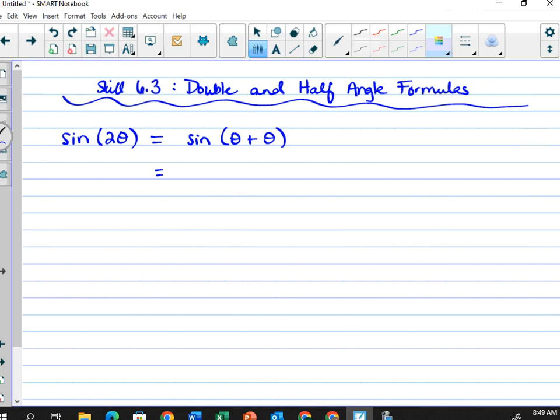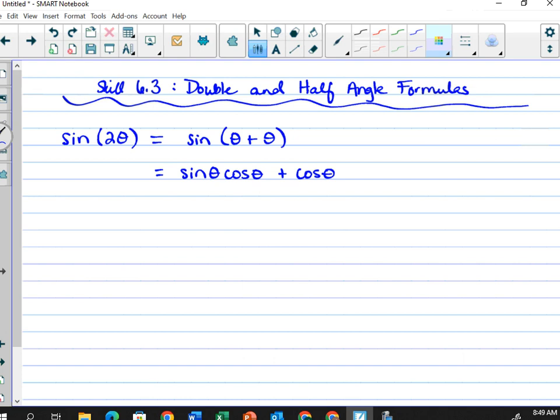Okay. So, I'm guessing you don't remember your sum and difference formulas from before break. We had a formula for like sine of A plus B. We're going to use that, but instead of A and B, it's all thetas. So it's going to be sine of theta, cosine of theta, plus cosine theta.